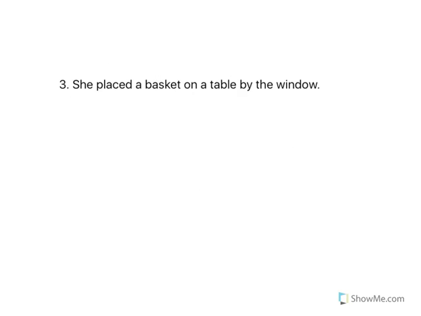So our next sentence says, she placed a basket on a table by the window. The action here is placed. Is it transferring any action? Yes. She placed what? Basket. Who placed? She placed. So she is going to be our subject pronoun. A is going to be, of course, an article adjective.